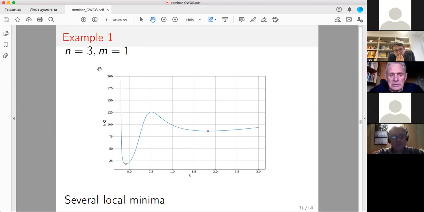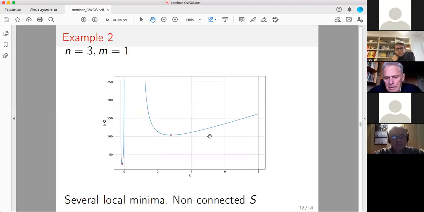Here, for instance, for one-dimensional control, we can easily get an objective function of this sort. You see it has two local minima. Moreover, in this example, we have a disconnected domain.